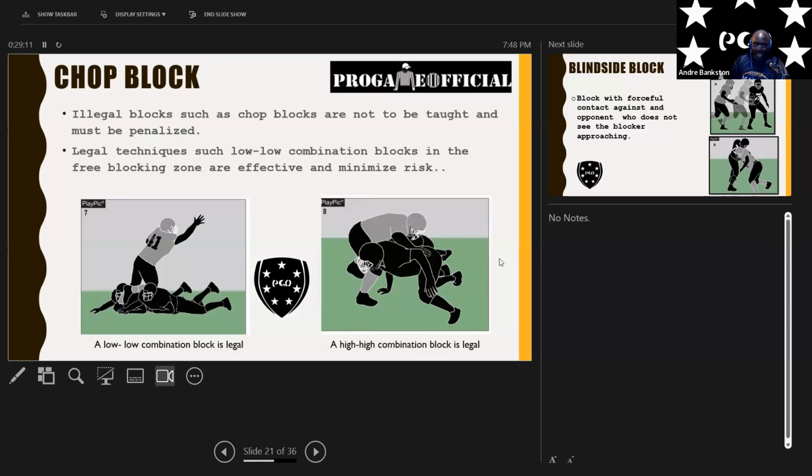When you go to champion or national tournaments, they may say everything is legal in the free blocking zone, but in most youth organizations, blocking below the waist is illegal in their rules. So this low combination block, which may be legal in high school, will be illegal in youth. The high block, which is legal, when they say high, they mean it's above the knees, not below the knees. It may be legal in high school, but not in some national tournaments or some of the youth football programs.